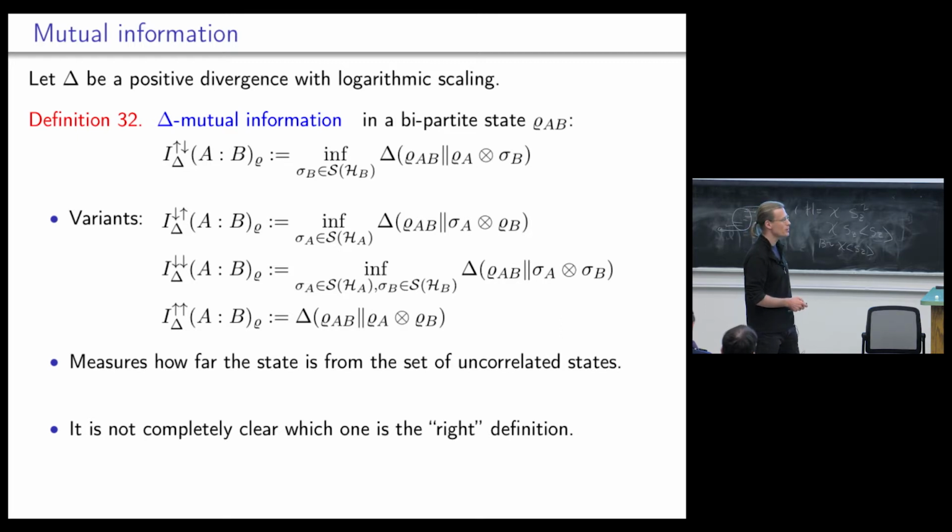If you are only optimizing over one of the marginals, then I guess it need not be. But still for the relative entropy, they are all the same, so it doesn't matter. But I think in general, if you use this definition or any of the two anti-symmetric definitions, then it's not going to be symmetric. If you use the two symmetric definitions, then it's going to be symmetric.